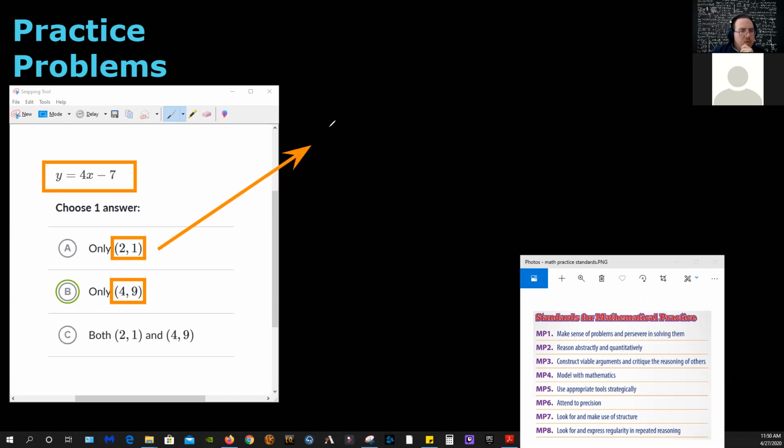So we've got y equals 4x minus 7. So that's the equation. So let's go ahead and substitute in this x and this y value. So that'd be 1 equals 4 times the x value, which is 2, minus 7.